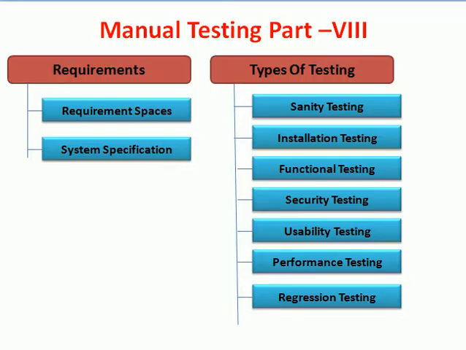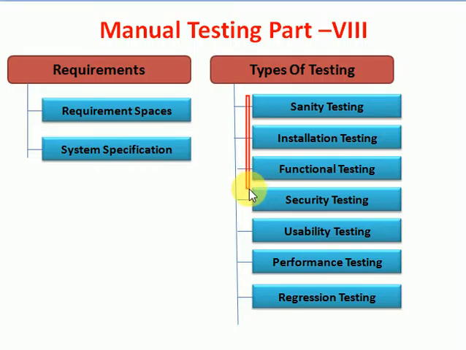So first of all, when the system is provided to the testers for testing, they do the sanity testing to test whether the system should be tested further or not. If it passes the sanity testing, then installation testing is done to see if the system installs correctly or not. Then there is functional testing to test for all the functional requirements.